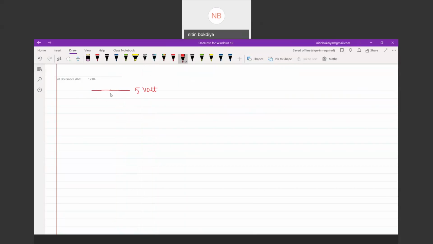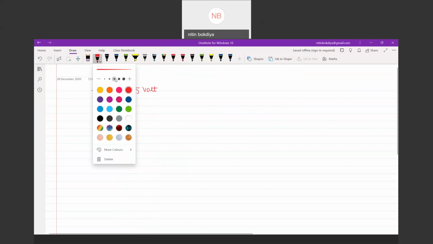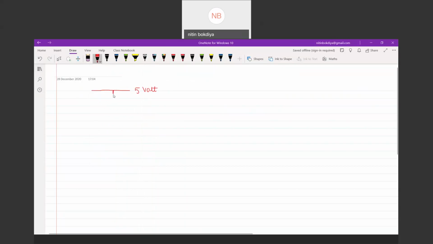Then we have this from gate. This is a 1 kilo ohm resistance.